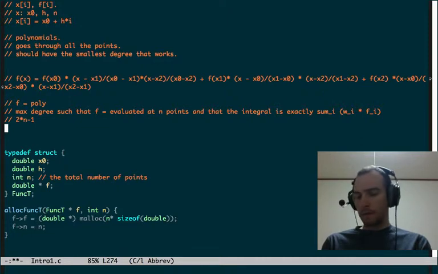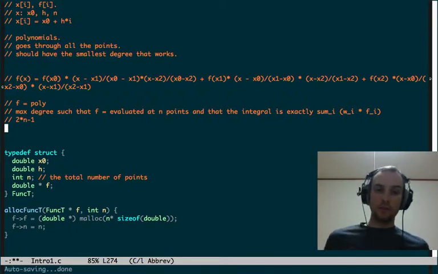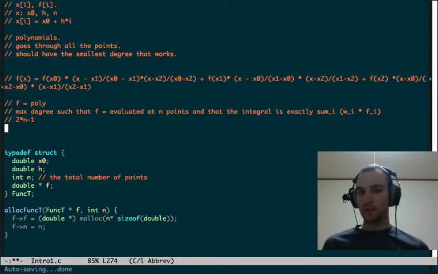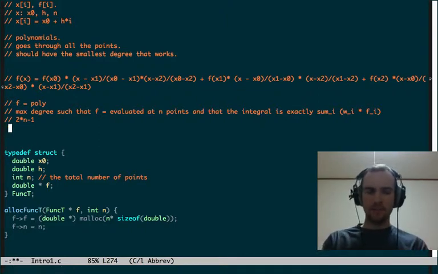So the reason you need polynomials to do this is because, as it turns out, okay, this is where the black magic shows up.